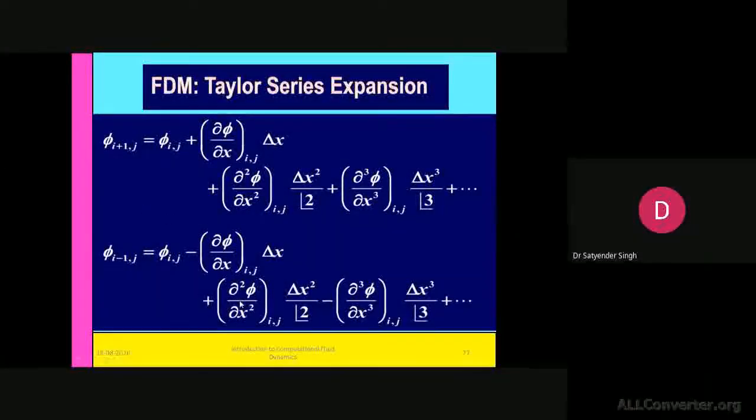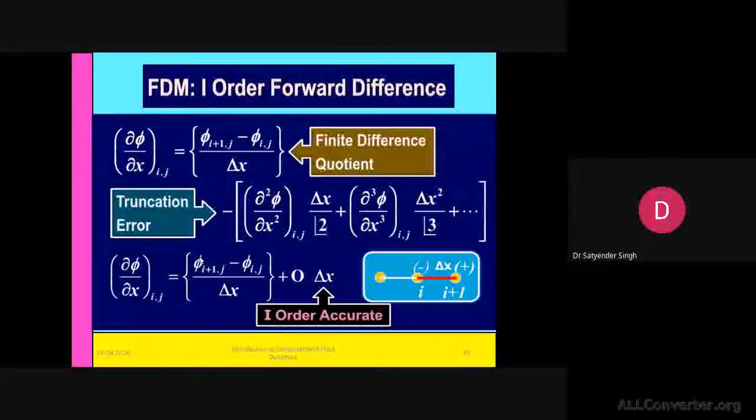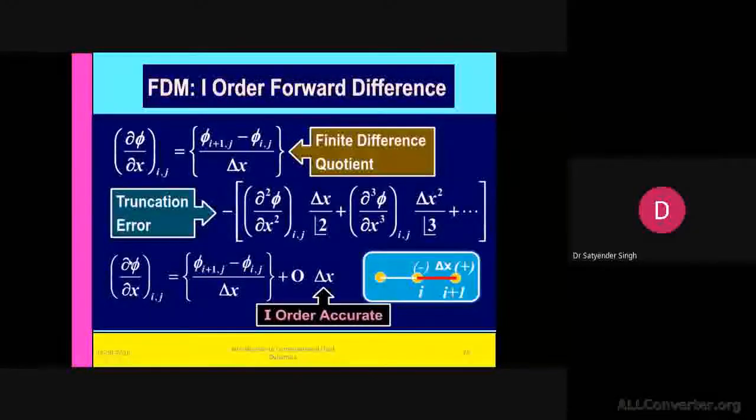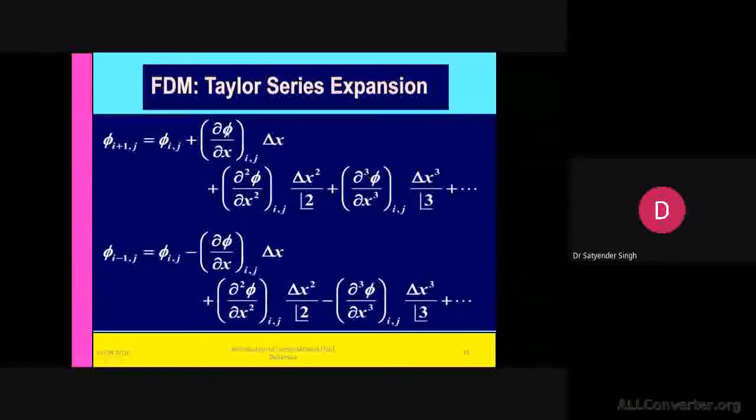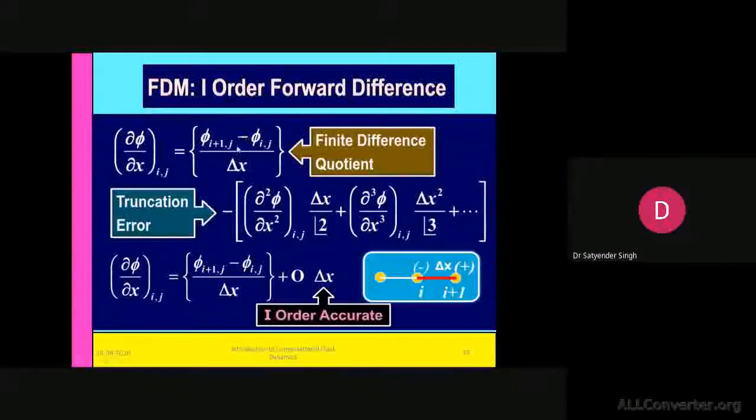If you want to go in the backward direction, then the second form of the Taylor series will be used, and then they will be solved for the first order differential. There we call it the first order forward difference. We will rearrange this equation particularly for the first term. Then it will be solved and rearranged, and this form will be obtained.